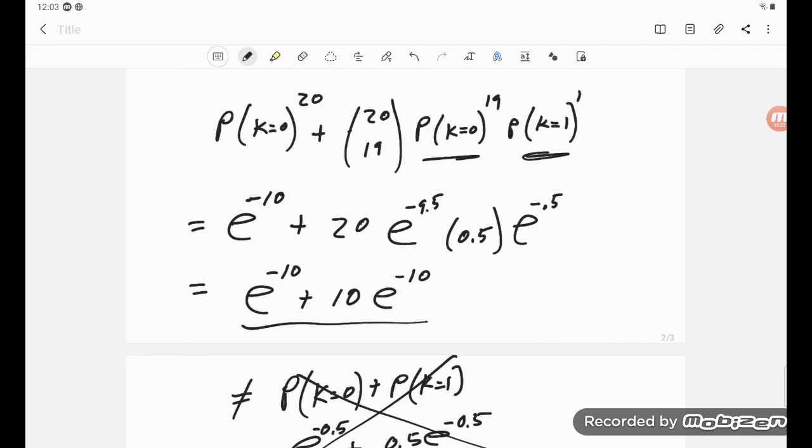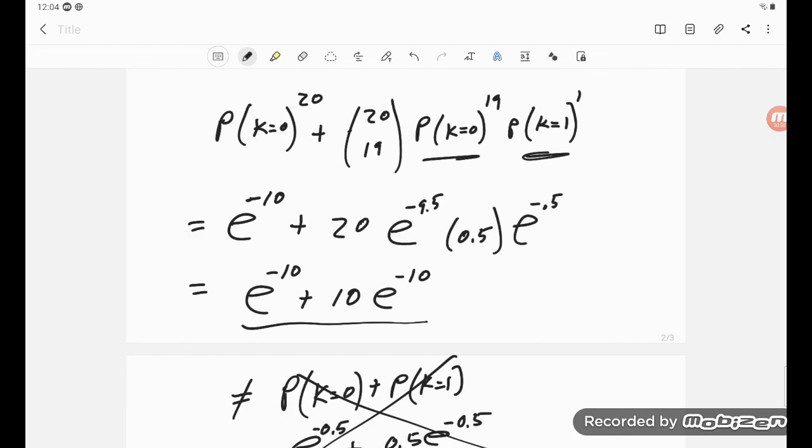I'll do a quick calculation and see what that turns out to be. So e to the negative 10, and then plus 10. So that's really, what, 11 e to the negative 10.